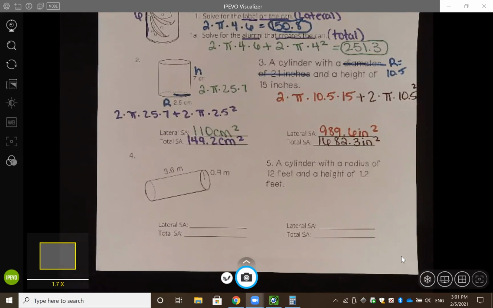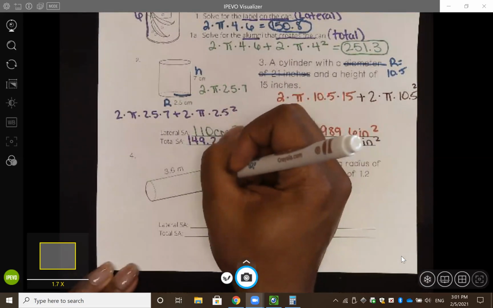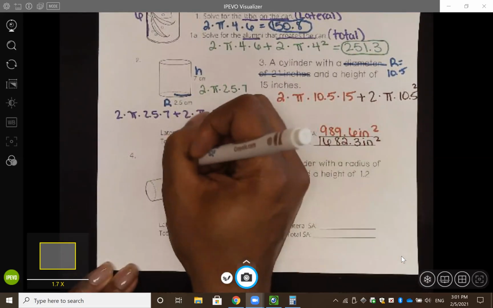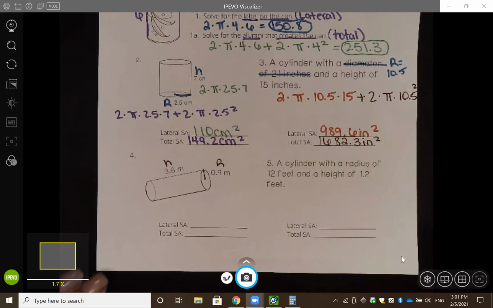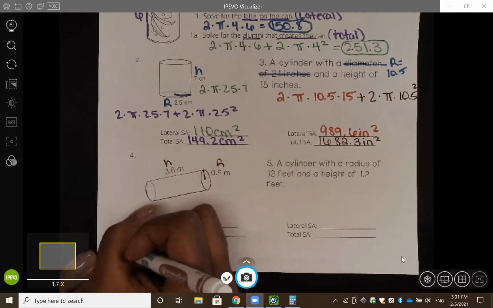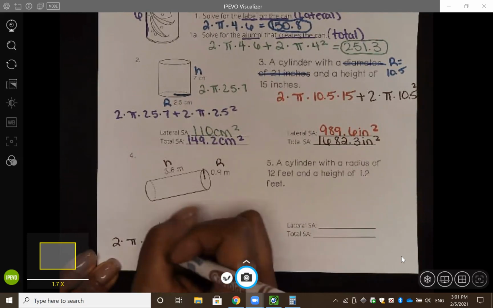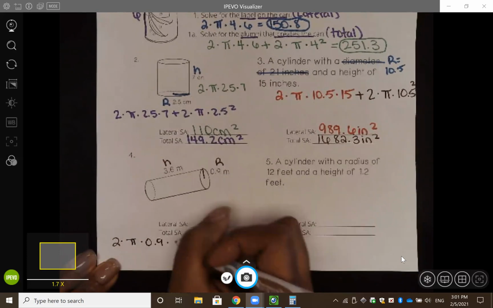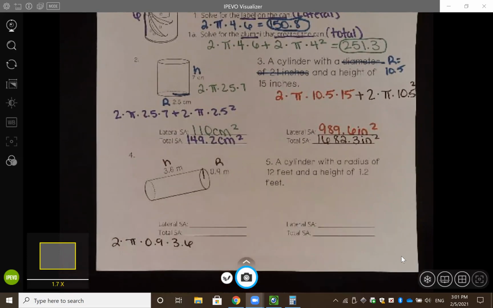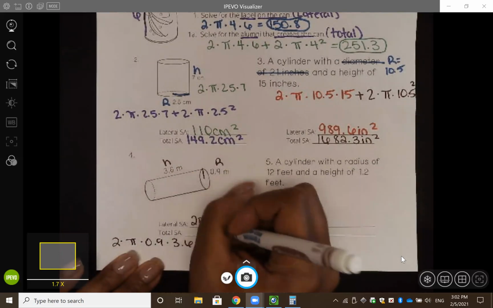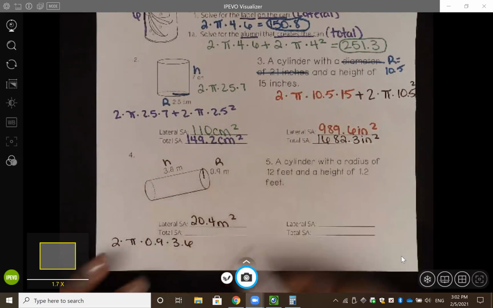So this number is only going halfway. So that's my radius, and this number is my height. So for lateral surface area, I have 2 times pi times my radius, which is 0.9, times my height, which is 3.6. 2 times pi times 0.9 times 3.6 is 20.4 m squared.